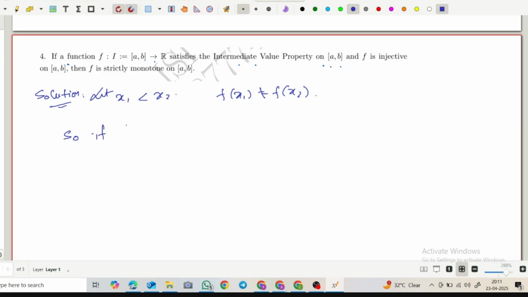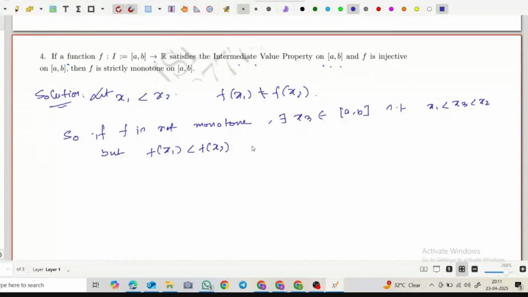So if f is not monotone, there exists x3 belonging to (a, b) such that x1 is less than x3 less than x2, but just like before, f(x1) is less than f(x2) and f(x3) is less than f(x1). Okay.